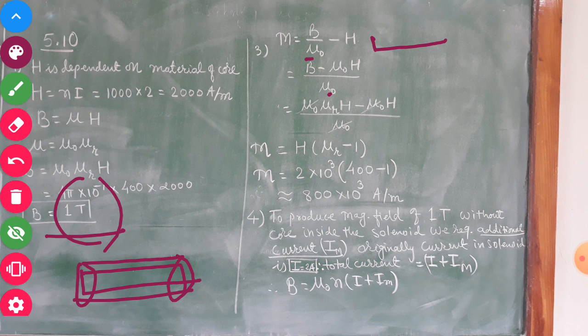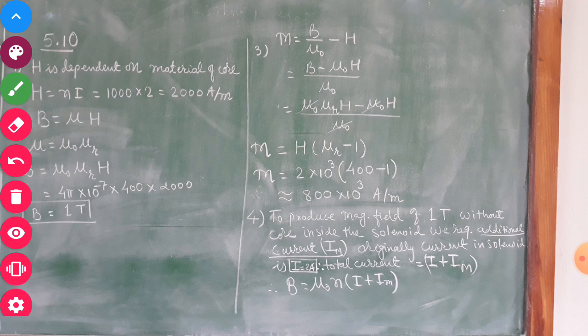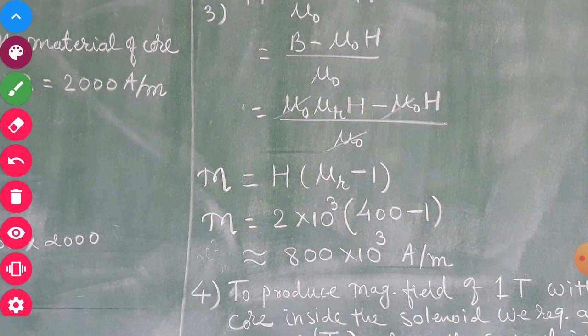And instead of B, we can write mu 0 mu R into H. Here mu 0 can be taken common and it gets cancelled with the denominator which is having mu 0.